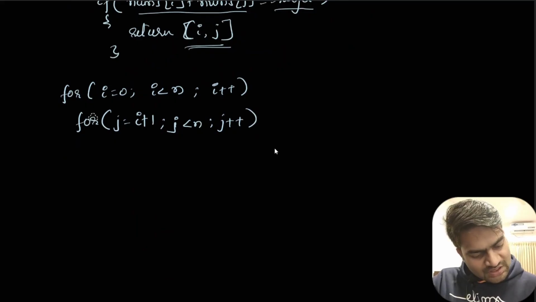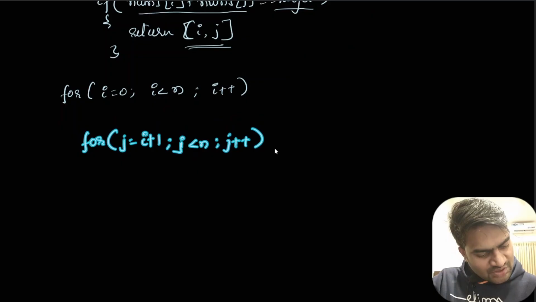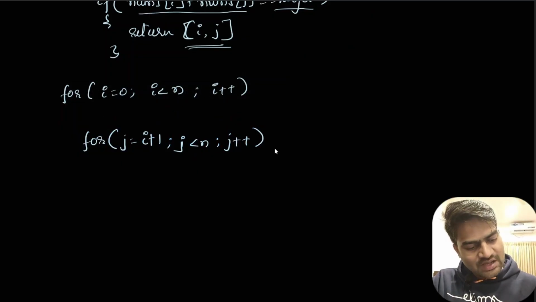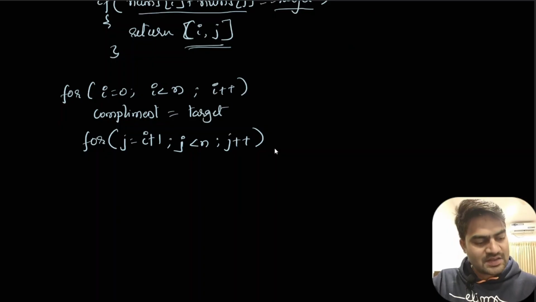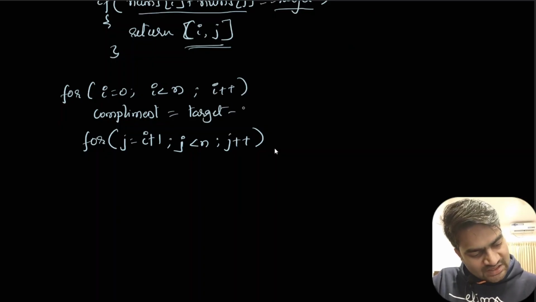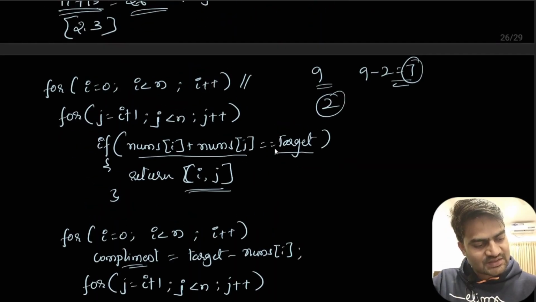Before this particular loop, first I will take a variable complement equal to target minus nums of i. Okay, so this will give us the complement, this value.